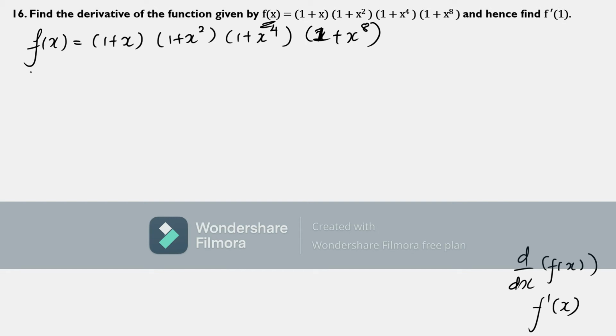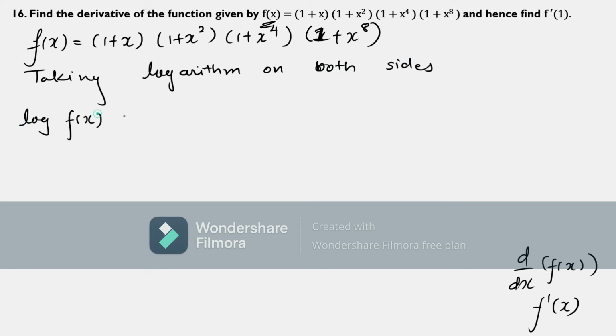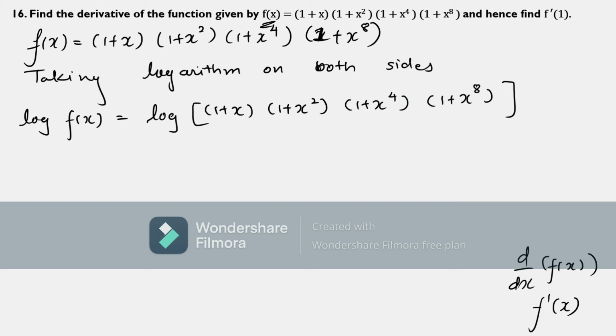Okay, so let's take logarithm on both sides. Left hand side log of f(x), right hand side log of (1 plus x)(1 plus x square)(1 plus x to the power 4)(1 plus x to the power 8). Since we know that they are in multiplication, we can put them in a sum when we apply this.